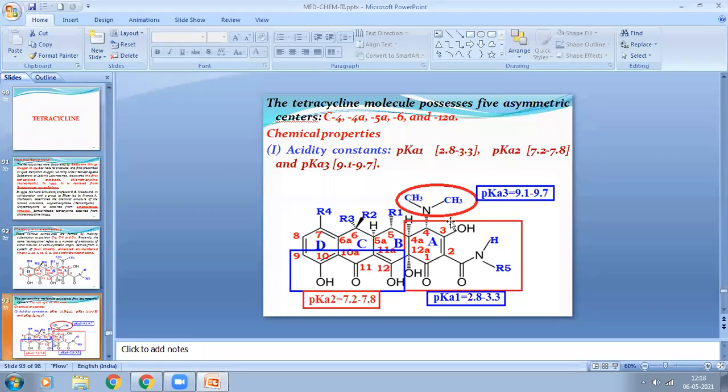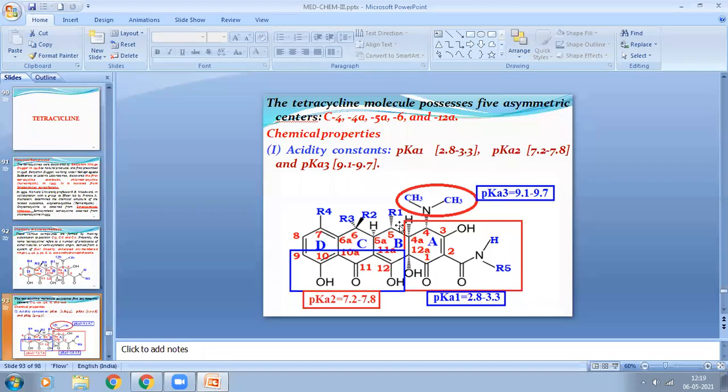If you consider these two rings, the A and B rings, when two benzene rings are attached together, that is called naphthalene. So we can basically tell that the tetracycline consists of polycyclic naphthacene carboxamide.